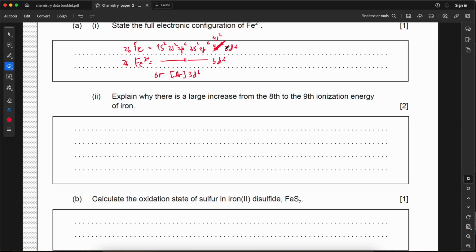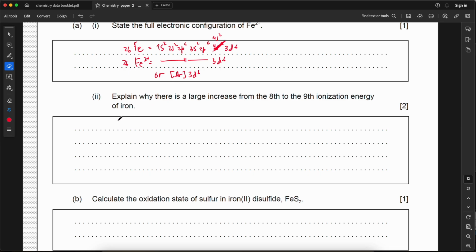All right, but for the 9th one, it is more stable. The electron is more tightly held by the nucleus, because you try to take 1 electron from the noble gas, which is Ar. All right, does that make sense?